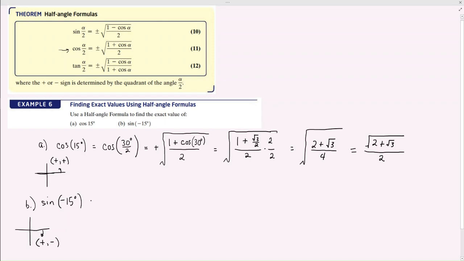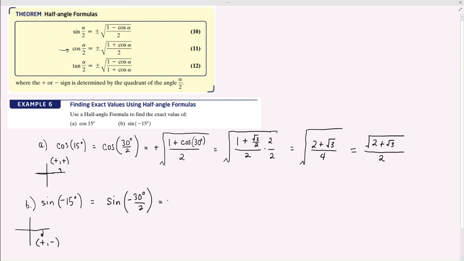Okay, so let's rewrite this as a sine of negative 30 degrees over 2. Okay, and I could, if I wanted to, use the odd property of the sine and take the negative out in front and write it as negative sine of positive 30 over 2. I'm going to choose to do it this way instead.